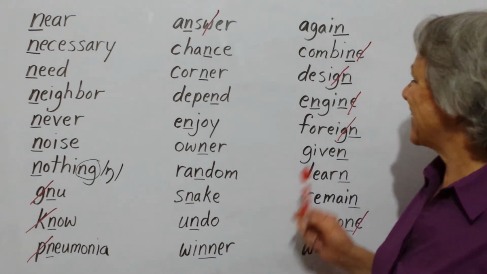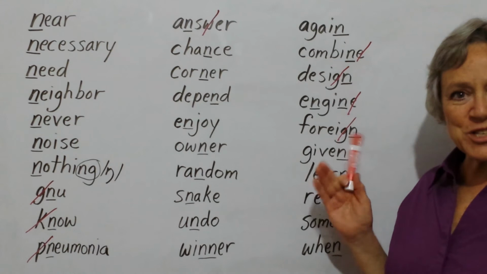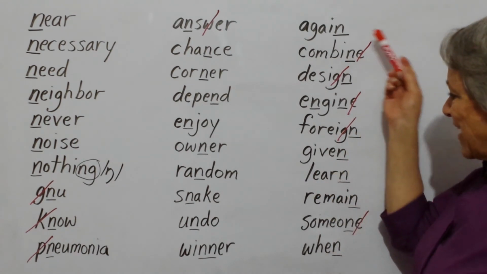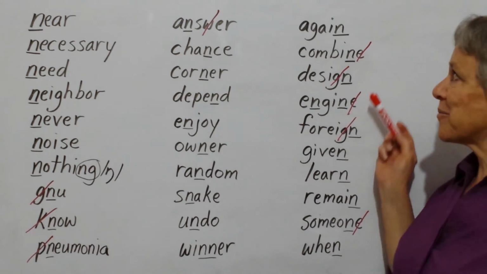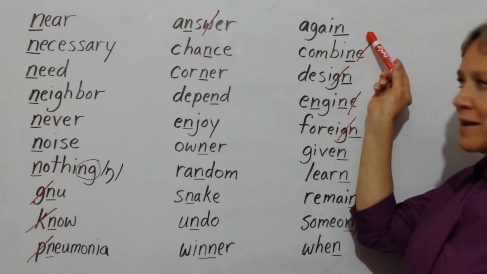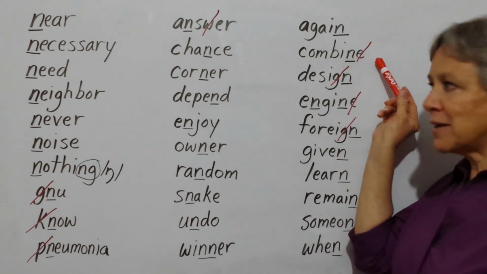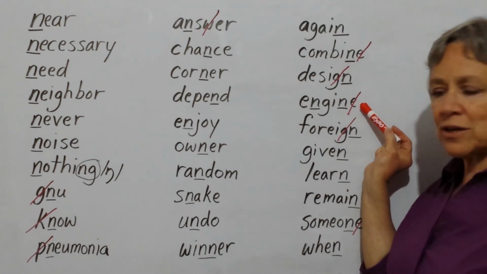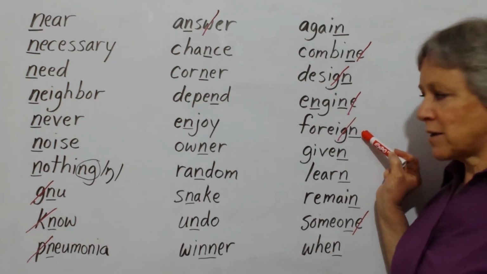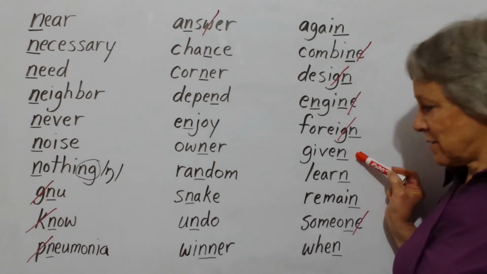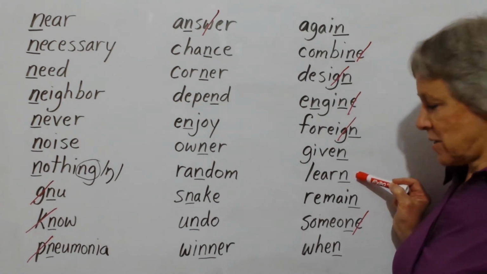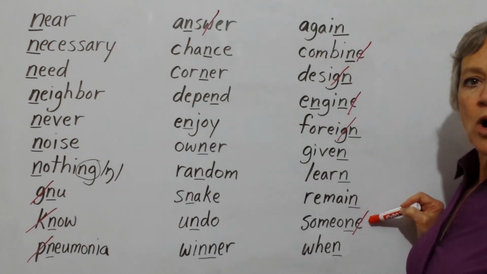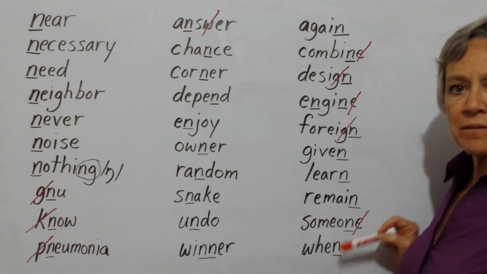Next column, okay? Please repeat both the words and the phrases or sentences that I say afterwards, okay? All right. These all end in N. Again, combine, design, engine, foreign, given, learn, remain, someone, when.